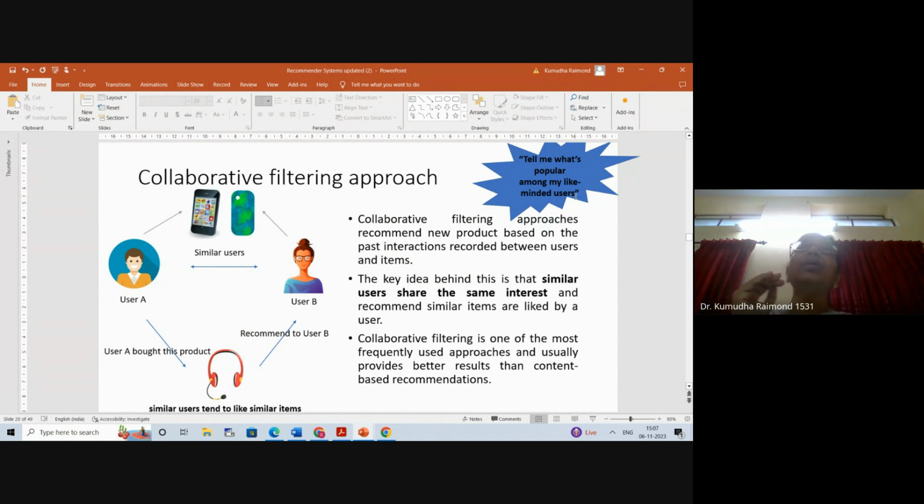But in the case of collaborative, by the very term you can understand, it is collaborative filtering, where it tries to find similar users who got a similar type of TV brand, and recommends to me the other products that they have purchased. It's very similar to Amazon.